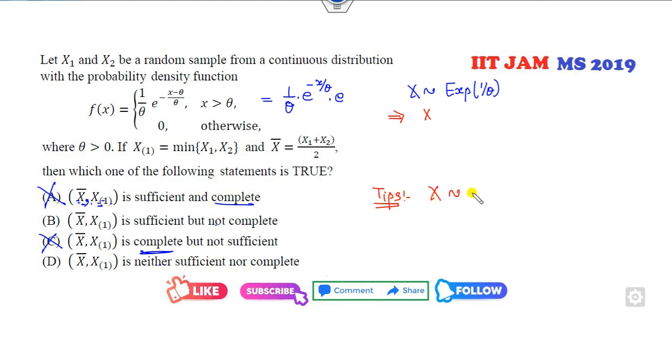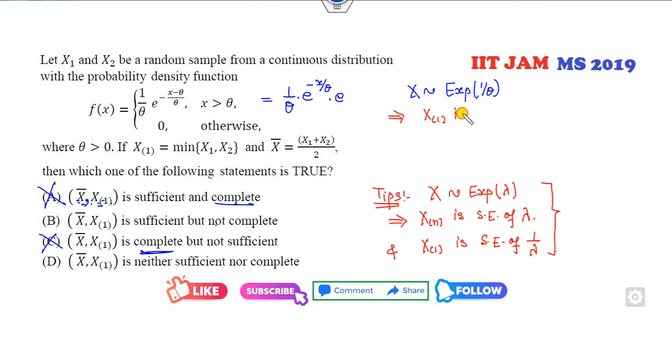If x follows an exponential distribution with parameter lambda, then x bar is the sufficient estimator of lambda. But here you can see it's 1 over this, so x1 is the sufficient estimator of 1 over lambda. Remember this. So x1 is my sufficient estimator of 1 over theta.